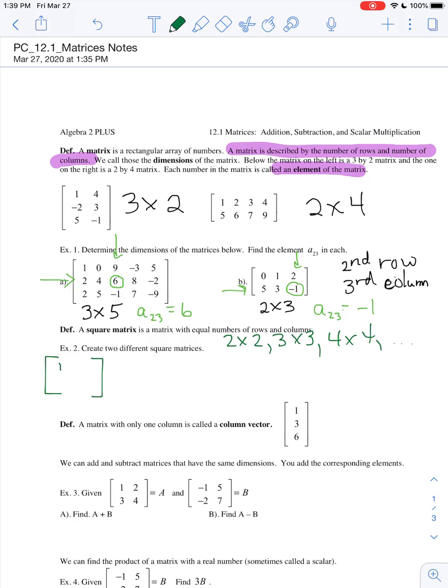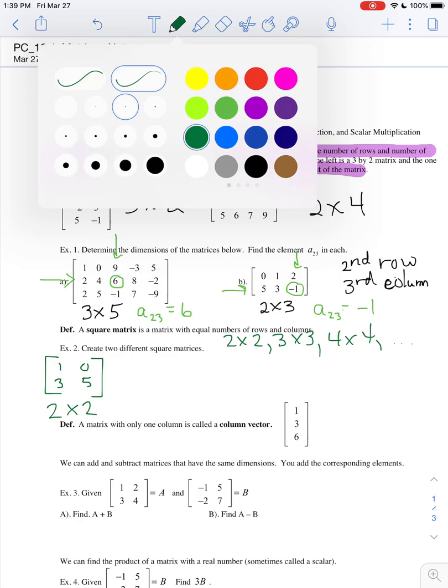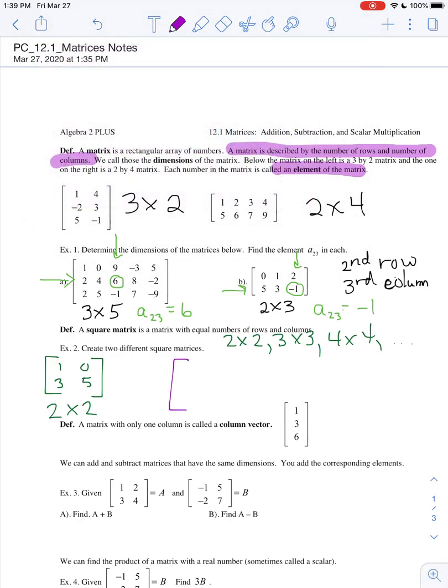If I'm going to do a 2x2, I could say 1, 0, 3, 5. That's a 2x2 square matrix. That's going to be important later. I can also do a 3x3, where I say 4, -1, 7, 6, 8, 0. That's a 3x3 square matrix.